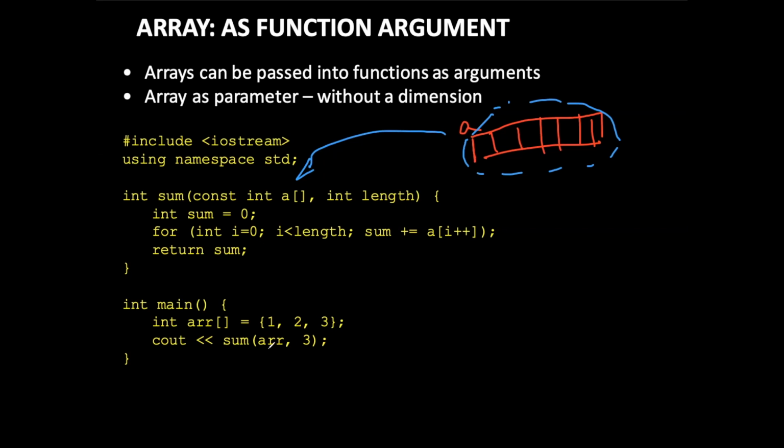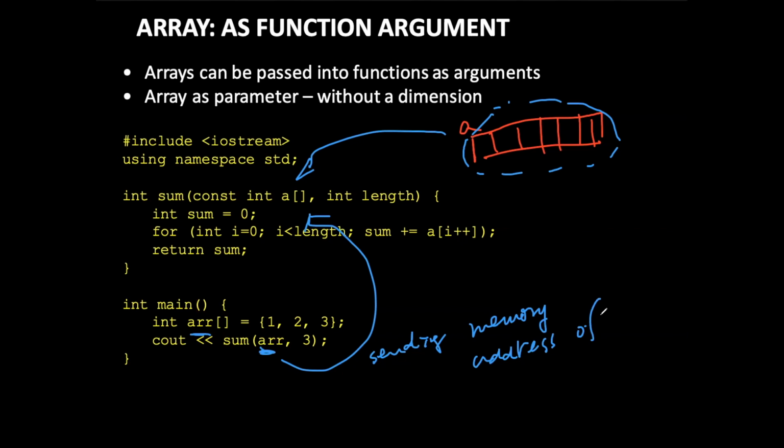In fact, every time you send this ARR, which represents the integer array here, into a function, you are really sending the memory address of A[0]. A[0] is right here, and there is a memory address associated with it, let's say 0x FA2.